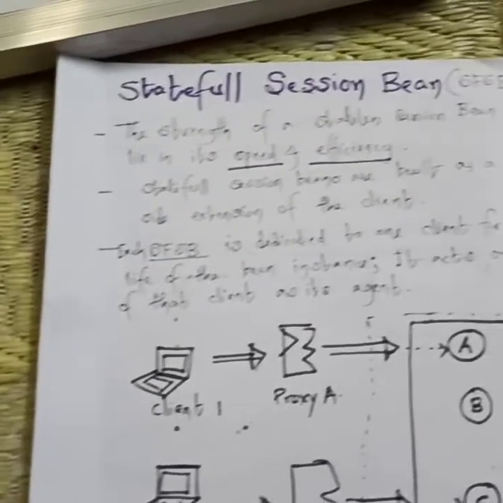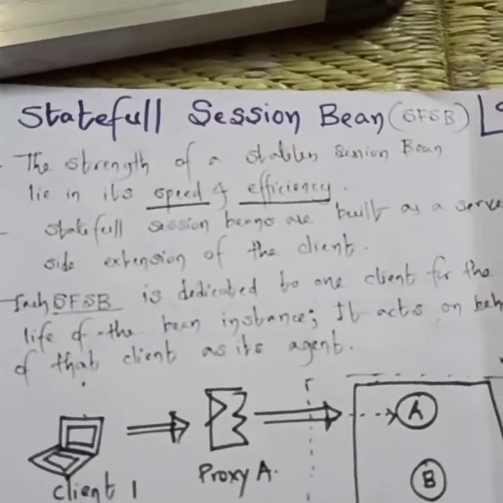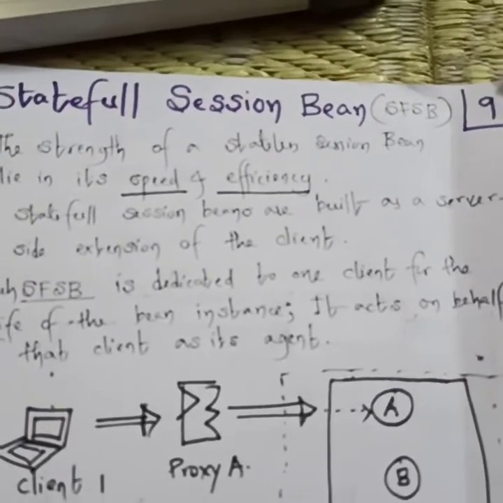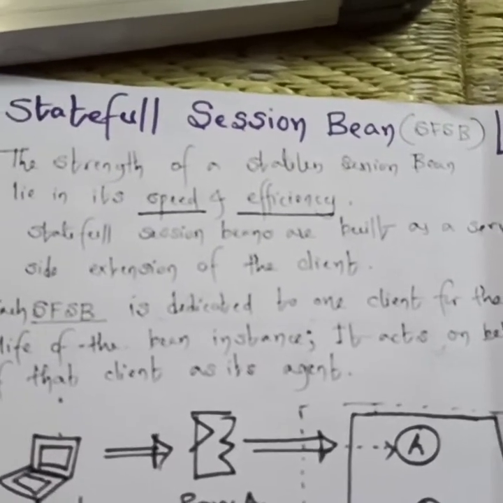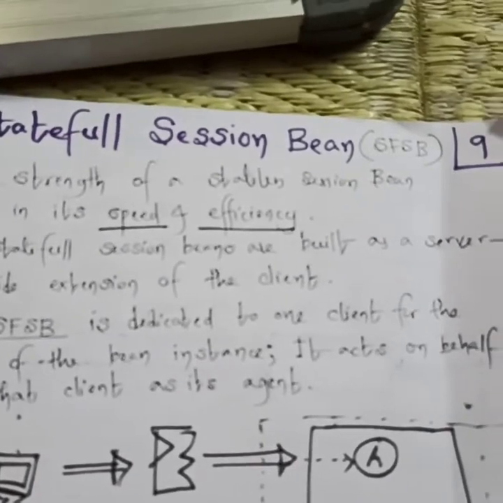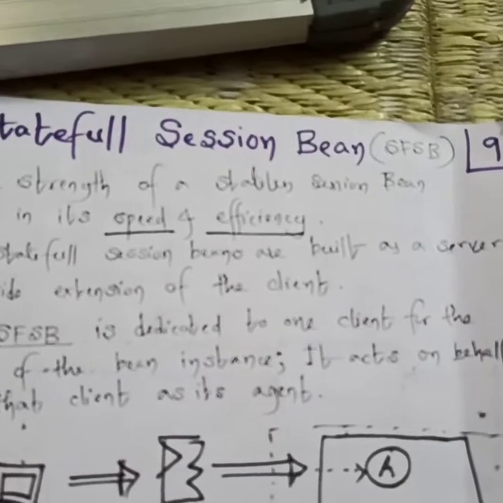In the last class we have seen the stateless session bean is the best example for speed and efficiency, and this is mainly used in cases where human interaction is required less.